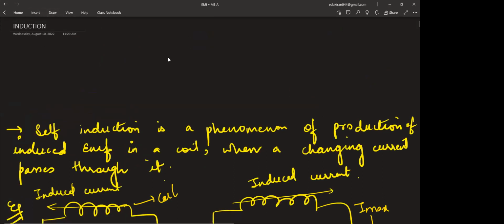Okay, class, come to induction. Now, what is meant by induction? In induction also, you have two types of phenomena that you will be encountering. One is called self-induction. The other is called mutual induction.